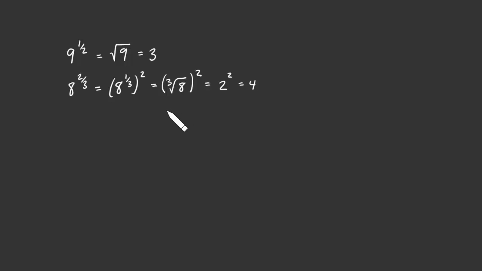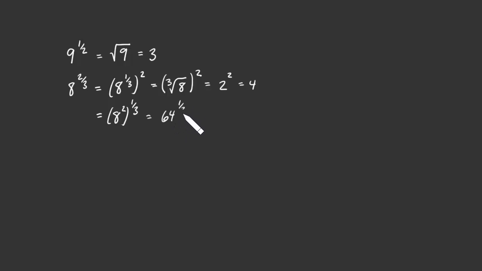Notice, it is more efficient to deal with the 1 over 3 here as an exponent before dealing with the 2 as an exponent. Our numbers are smaller, right? I mean, we could certainly work it the other way as well. We could say this is 8 squared to the 1/3. Here again, the product is 2/3. That agrees with this. 8 squared, of course, is 64.